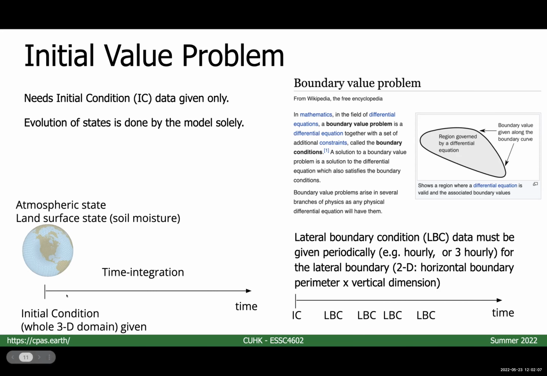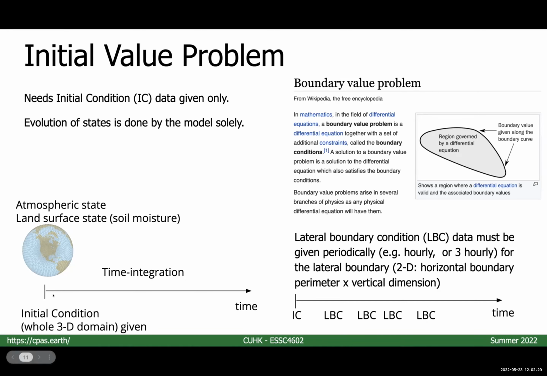So along the time integration, the land surface model will simulate the change of soil moisture and the amount of moisture evaporated, something like that. If you are having a global mesh, then you only need initial condition data.